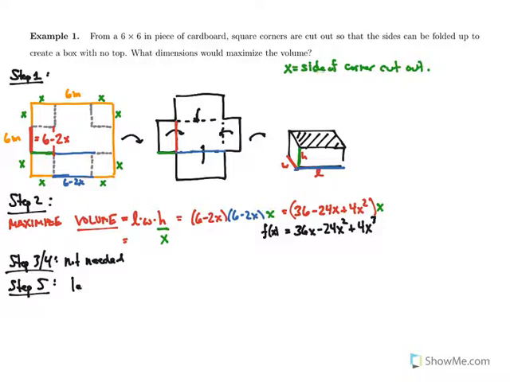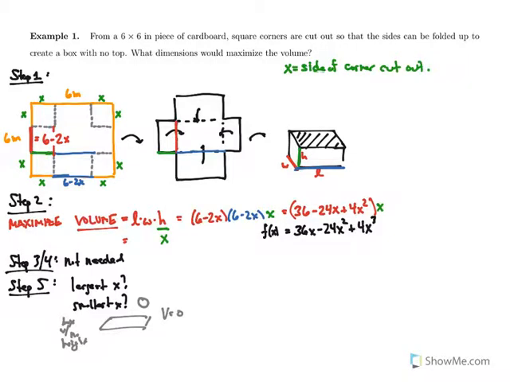So what is the largest value x can be, and what is the smallest value x can be? Well, the smallest can be is 0. This is kind of what we did before. 0 would give us a very dumb box. In fact, it would just be flat. This is a box with no height. But we just know that the volume is 0 in that case.